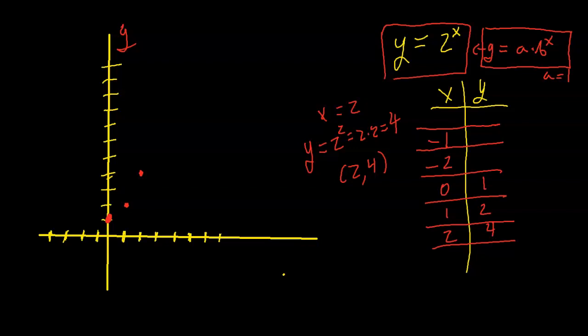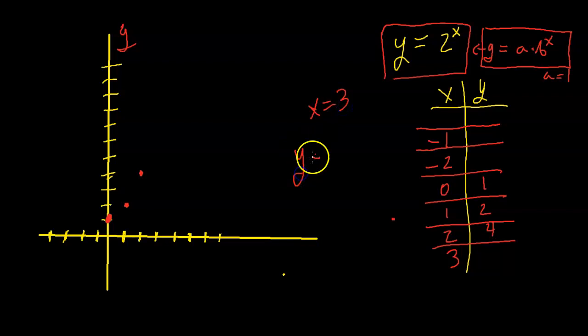All right. Let's get rid of this. Let's do one more positive x value, okay? Let's do x equals 3. We're going to get y equals 2 to the third power, right?